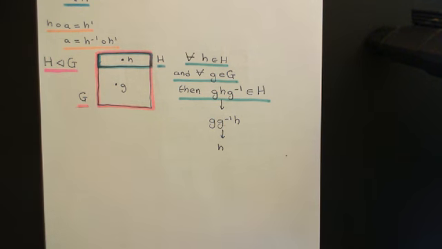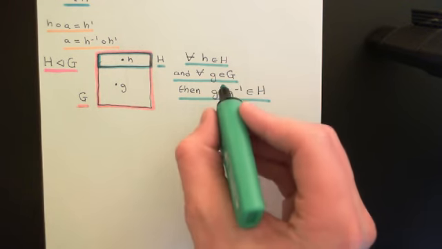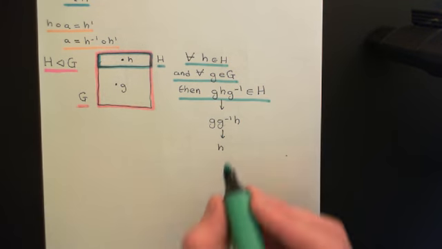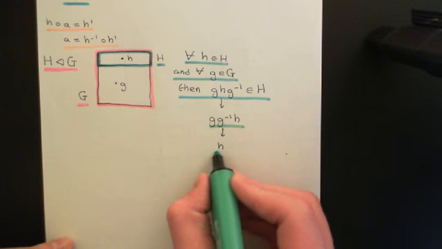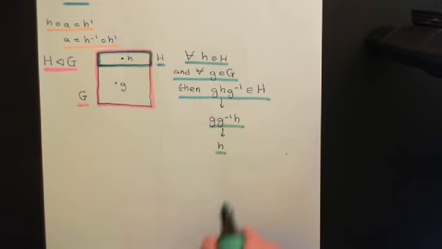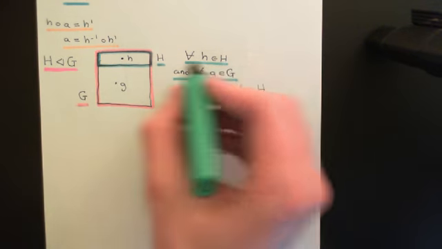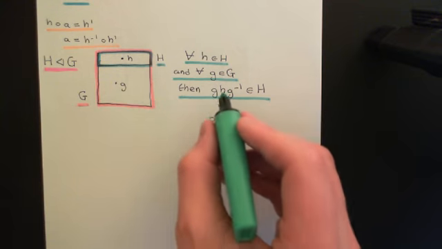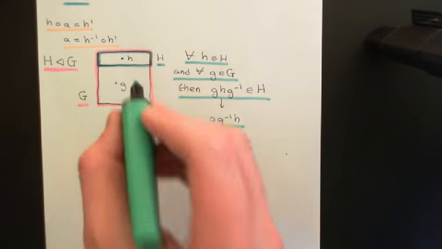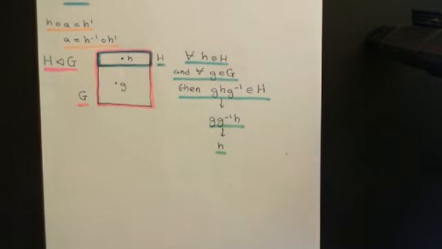So in an abelian group, when you conjugate any element by any other element of the group, you just end up with that middle element back again. You end up with little h, and little h is certainly an element of the subgroup capital H, so the subgroup is certainly stable under conjugation by any element of the group. So all subgroups of an abelian group are normal subgroups.